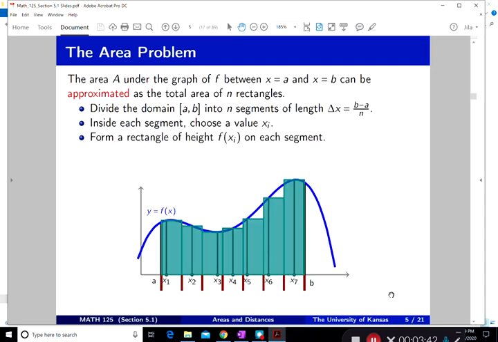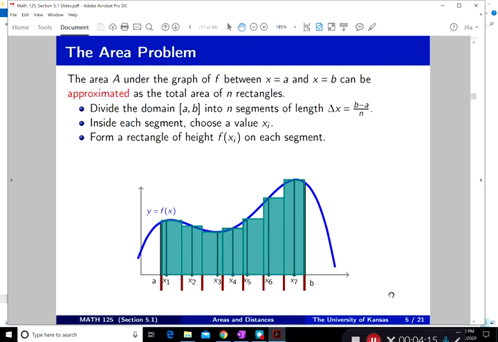So the rectangles are going to be sitting on the function, and in this way we divide the line segment a to b into pieces and build rectangles above it, and the rectangles all together add up to a good estimation of the area under the graph of the function.